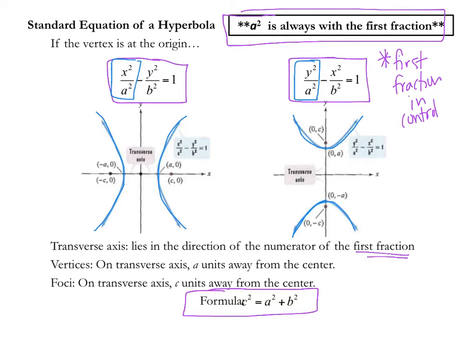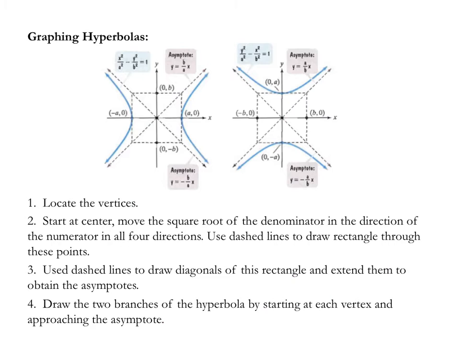It's c squared equals a squared plus b squared. So you just need to remember, since this one has a minus in the equation, when we do the foci formula, it's plus, versus with an ellipse, when it's plus in the equation, we do minus to find the foci. That's how I remember it in my head.